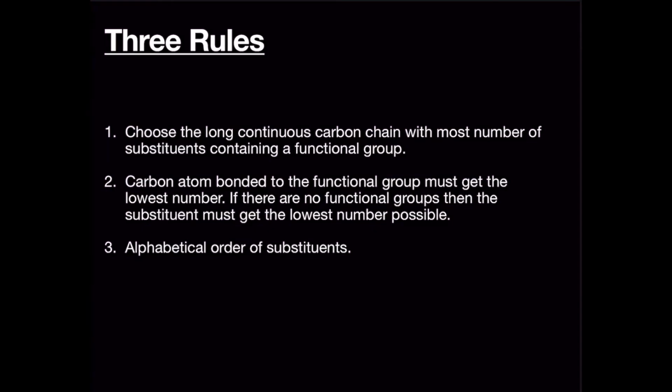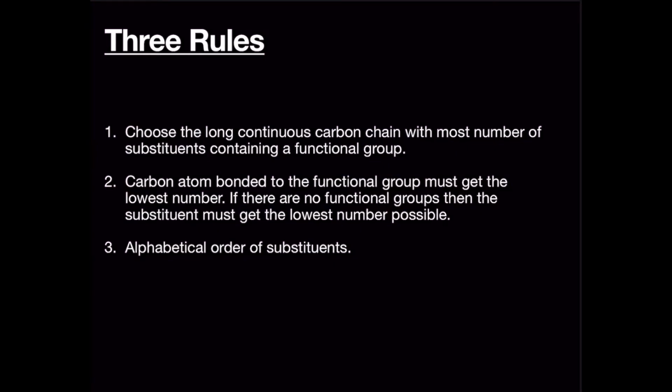In case there are no functional groups, then the substituents must get the lowest possible number. And then after following 1 and 2, we just have to make sure that we are following the alphabetical order of substituents. For example, if an alkane contains both ethyl as well as methyl, then we have to write the ethyl first and not the methyl first. So these rules will become more clear to you when I talk about the examples.